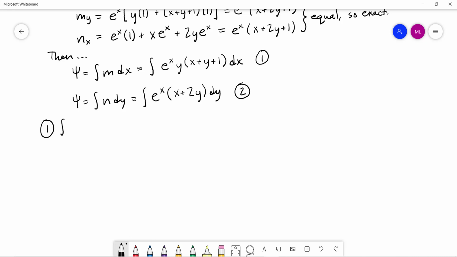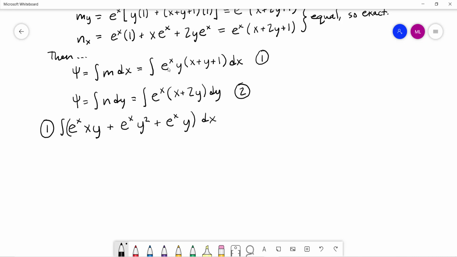I'm going to have the integral of e to the x times xy, and then I'm going to have e to the x times y squared, and then I'm going to have e to the x y dx.